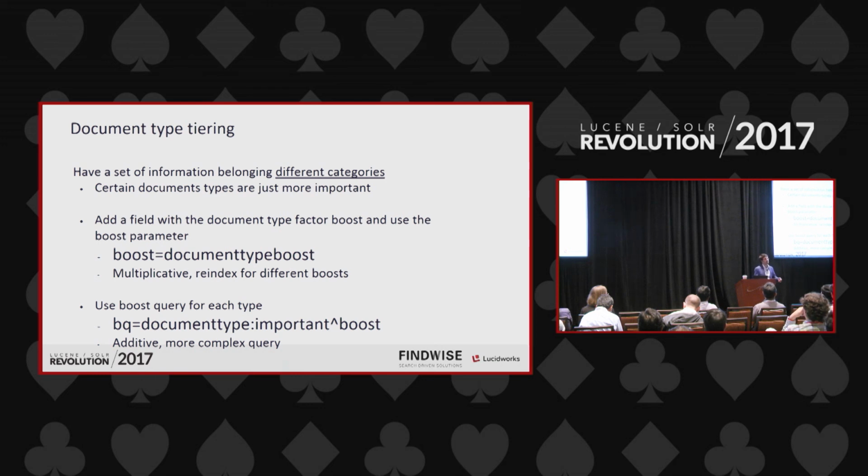Things like news are not as important as articles or distributed information. So each of the types can be tagged at index time with a number on how important they are. And whenever we actually make a query, we're going to use that field that has some numerical value of how important it is, and we are going to multiply it.